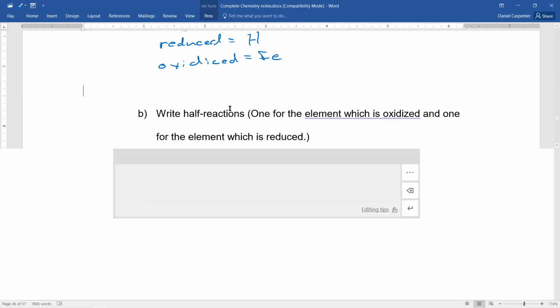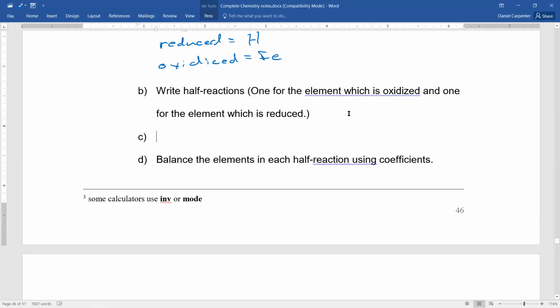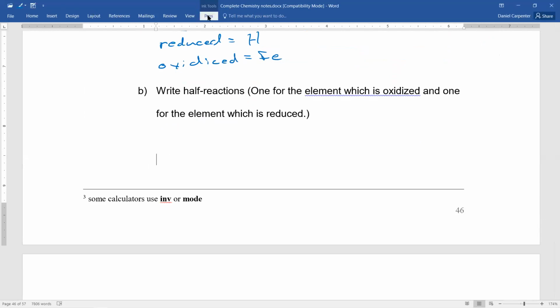So next, step B, write the half reactions. One for the element which is oxidized and one for the element which is reduced. Okay, so you get that. 1 and 1 means we're going to make 2 half reactions. Now write this in your notes. For the half reaction, we want symbol, subscript, and oxidation number.